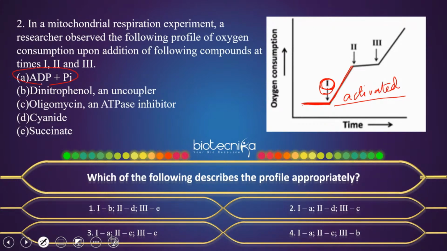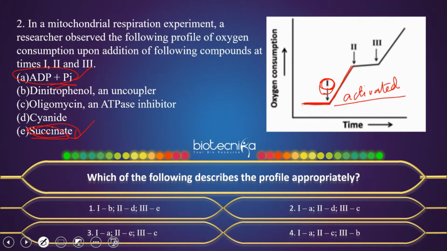So you have succinate and ADP and Pi as activators, because succinate is an electron source and ADP and Pi are activators of enzymes of the electron transport chain. So if Krebs cycle enzymes are activated, even the electron transport chain will be activated.